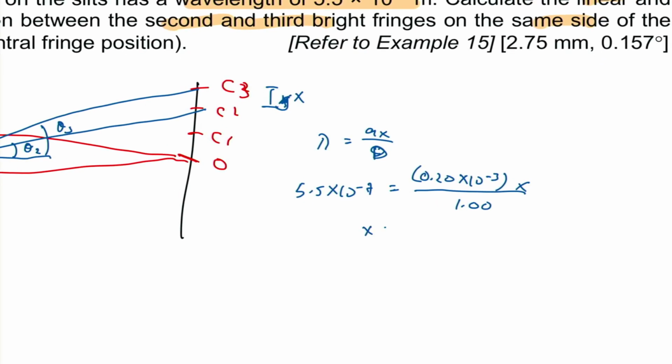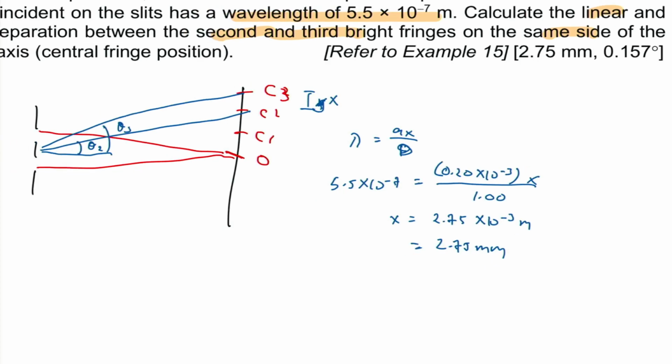Then work out x quickly, and you'll get 2.75 times 10 negative 3 meters, which you convert to 2.75 millimeters. So this is the first one.